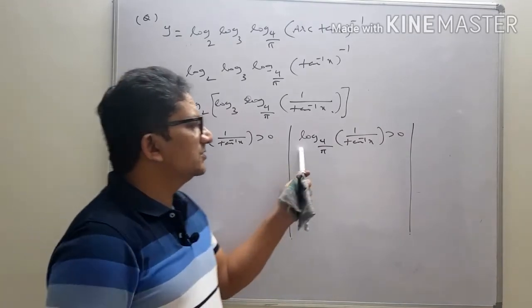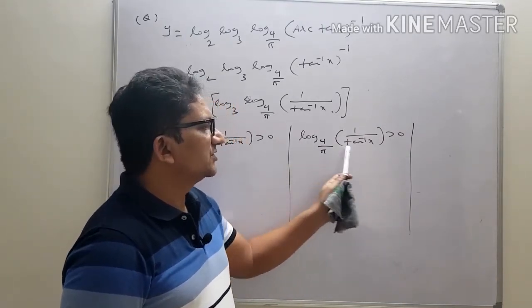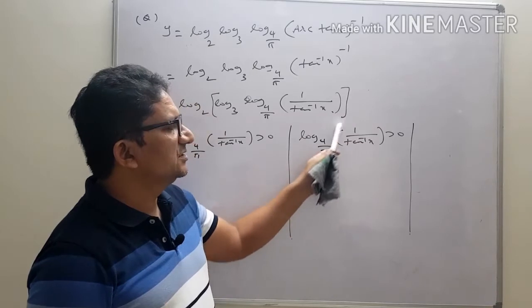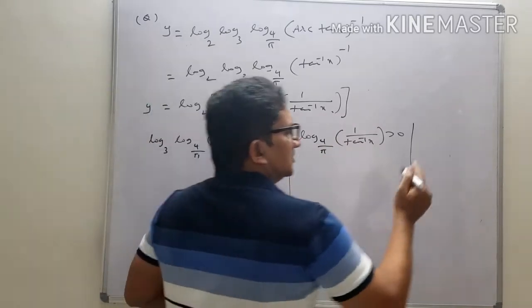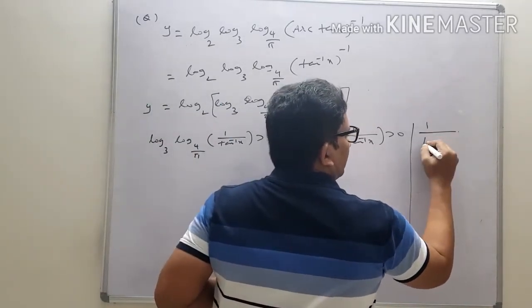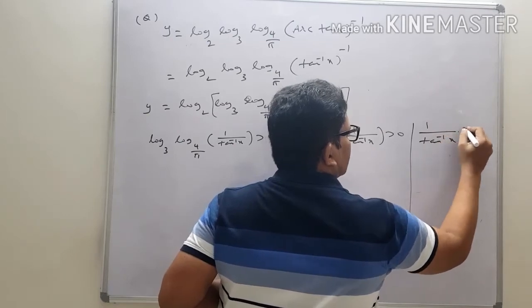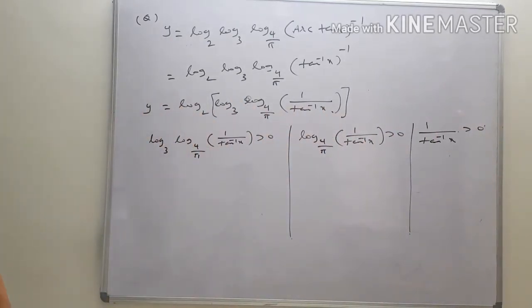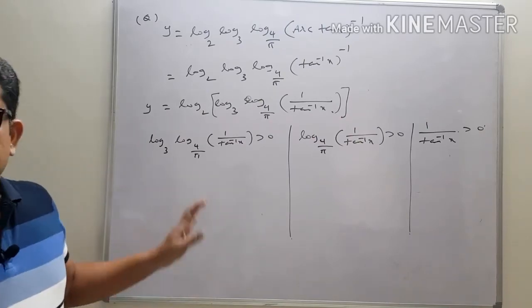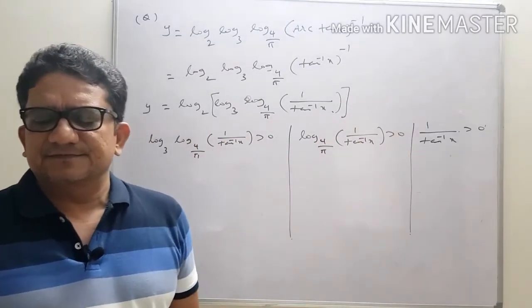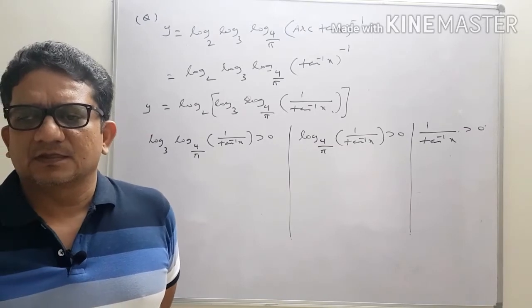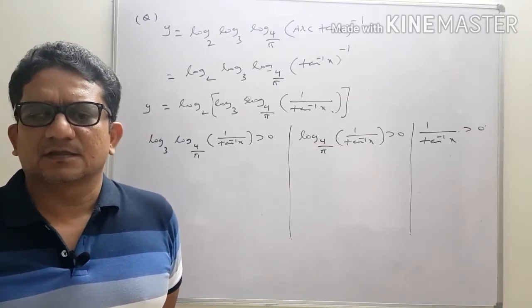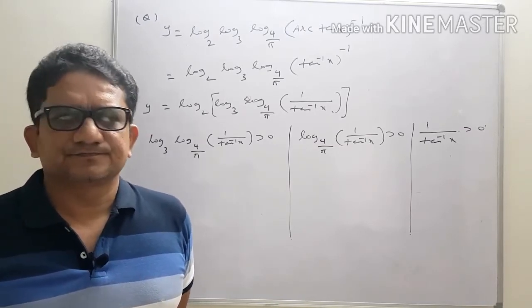For this last logarithm, the bracket must be positive, so 1 by tan inverse x is greater than 0. These are the cases we get. Students, is this point clear for everyone? Yes, sir.